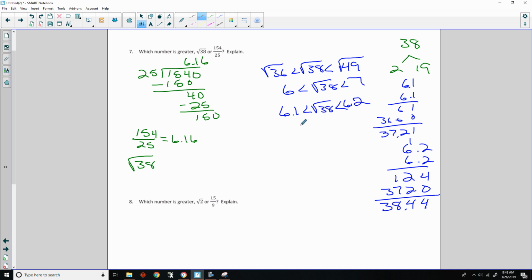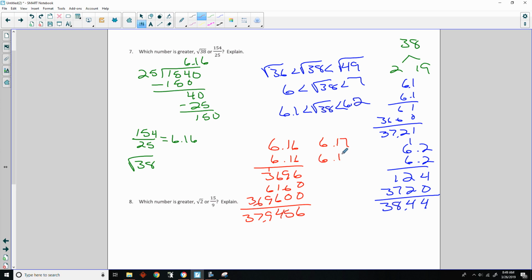So I want to try 6.16 times 6.16. 6.16 squared is 37.94, which is less than 38. So I'm guessing 6.17 will be more than 38.